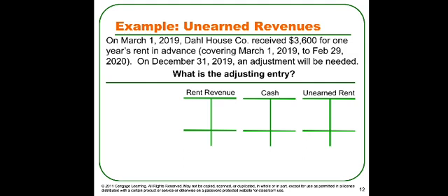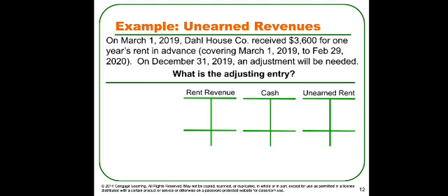So the situation is like this. You have a business, and then you have an empty space. You rent that space to somebody. When you rent that space to somebody, you will get rent revenue. So in this example, on the 1st of March, the person who rented your space has paid 3,600 for 1 year's rent in advance.